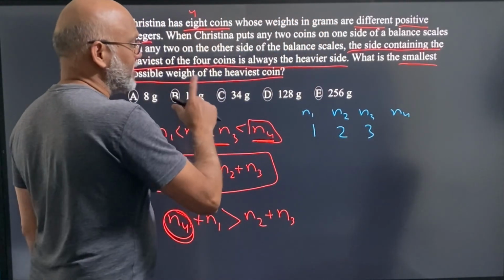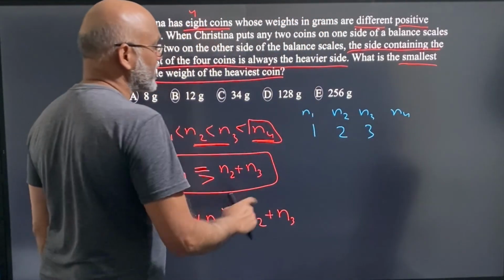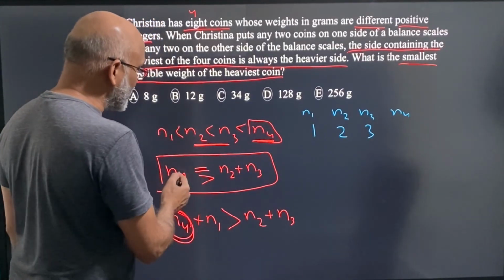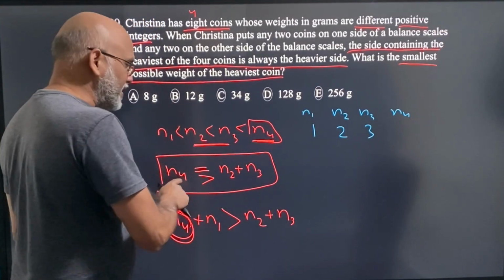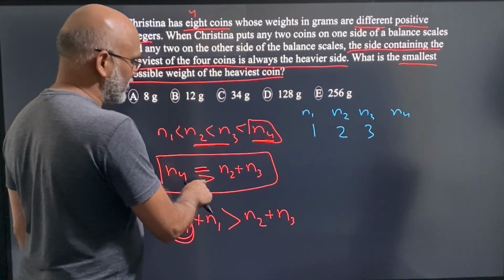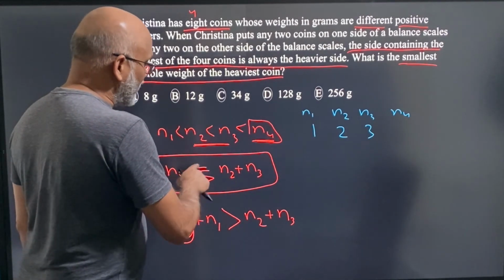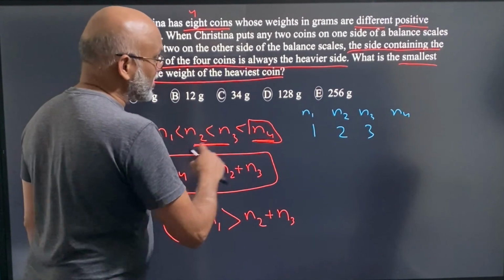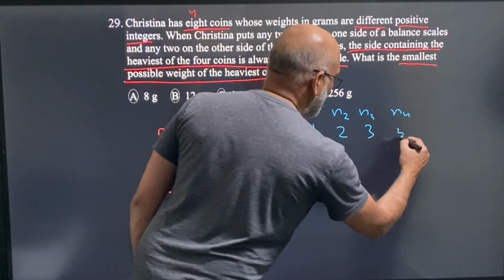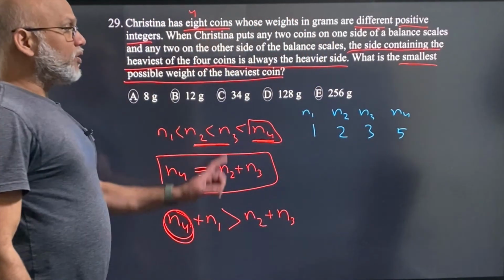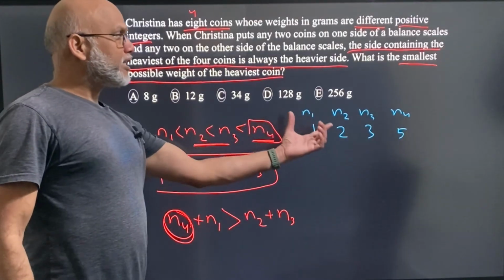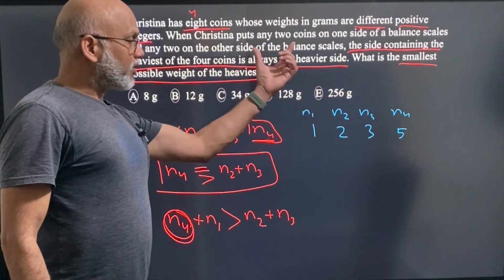That guarantees that it will be always on the heavier side no matter how I pair. And that condition is, since I want the smallest n4, I will take equal to, I'll not take greater than. So n4 has to be equal to n2 plus n3. So n2 plus n3 is 5. Okay, now this guarantees me the condition that is given.